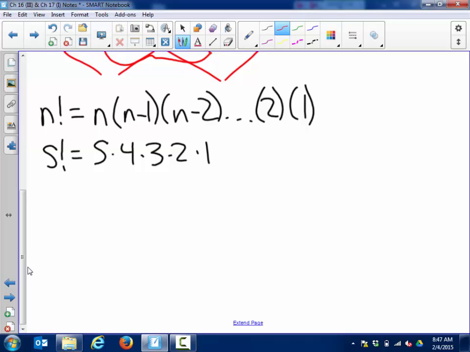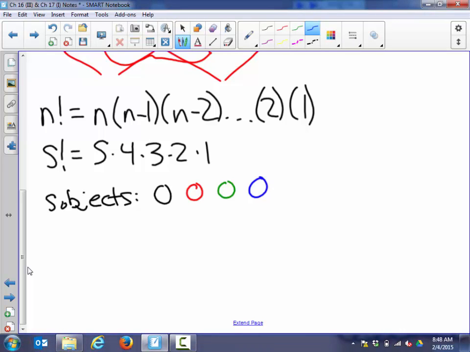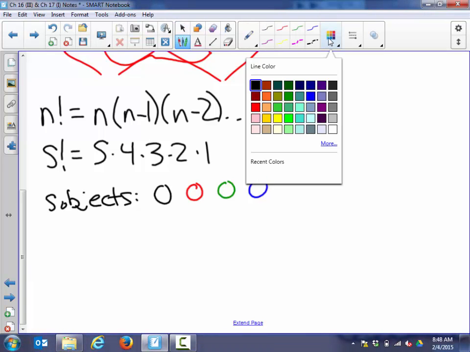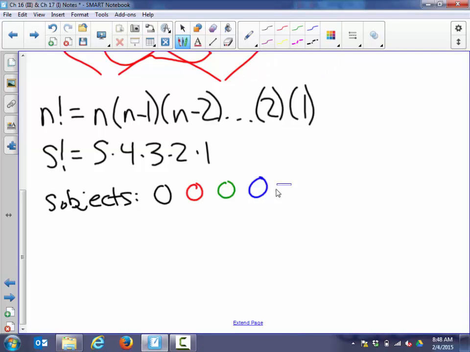Let's say that I've got 5 objects, okay? These are my 5 objects. I could have a black circle, I could have a red circle, I could have a green circle, I could have a blue circle, and then lastly, an orange circle, okay?